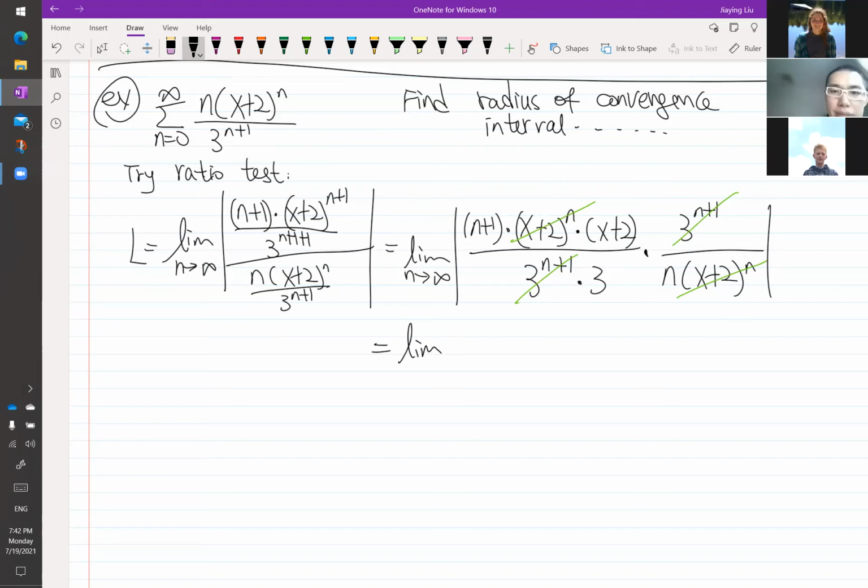So that becomes the limit as n goes to infinity of the absolute value of (n plus 1) times (x plus 2). In the denominator, I have a 3 times n, so I'm going to put n on the left, 3 on the right, but it doesn't matter. I just want to group the 3 with x plus 2.